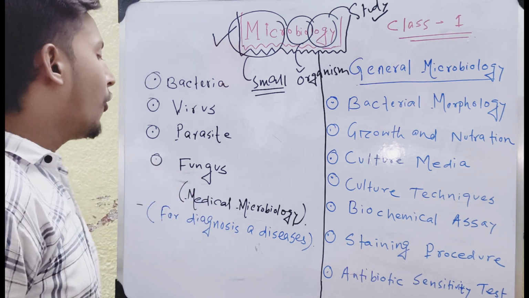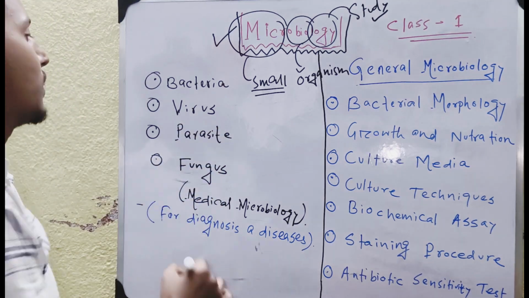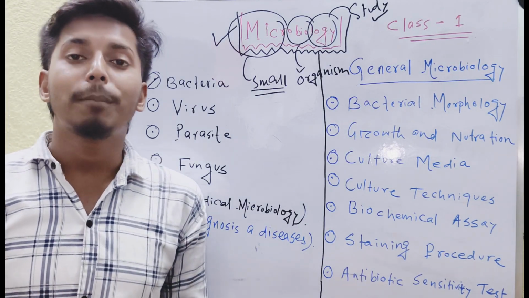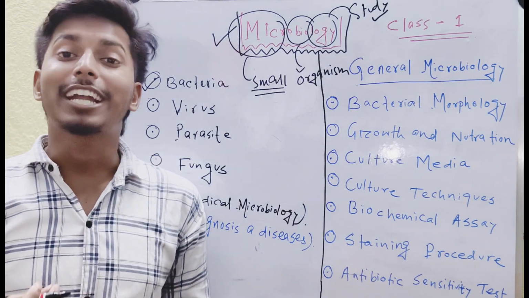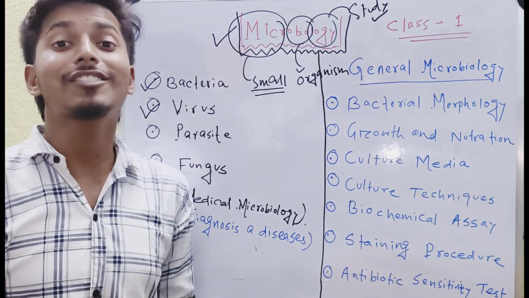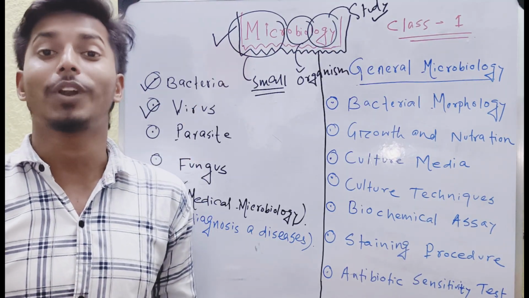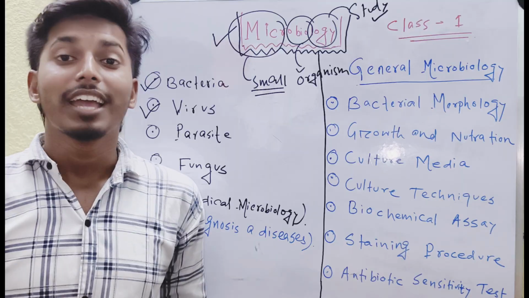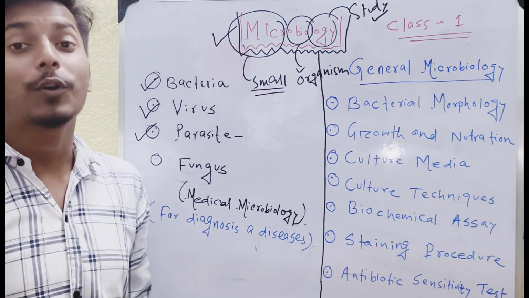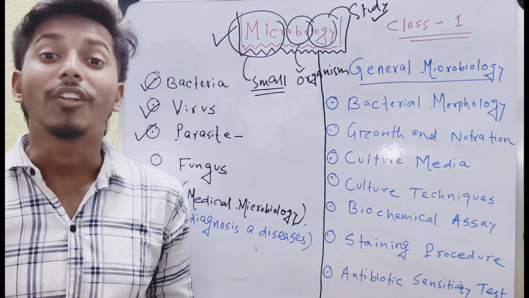Basically, there are 4 types of microorganism. First is bacteria. Whenever we discuss bacteria, that is called bacteriology. Secondly, virus. When we discuss the virus, that is called virology. After that, we discuss the parasite, that is called parasitology.